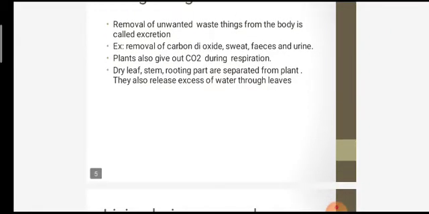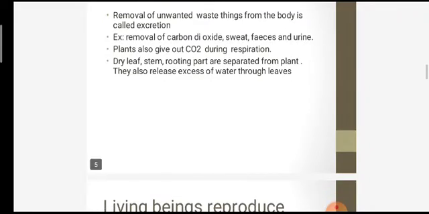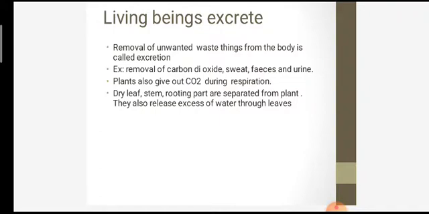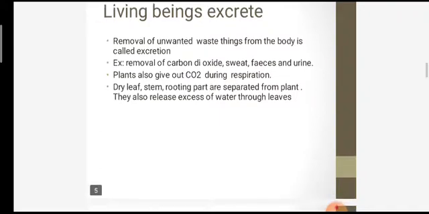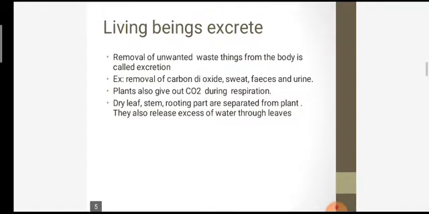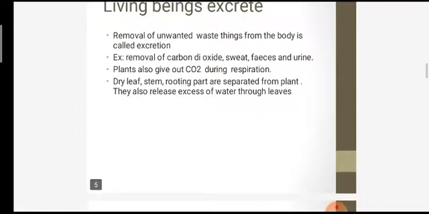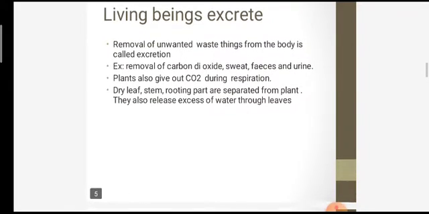Then plants also give out carbon dioxide during respiration. Even plants excrete, that is they remove waste products. When a plant dries up, the dry leaves, dry stem, and roots are separated from the plant, right? Then they also release excess water through the leaves.